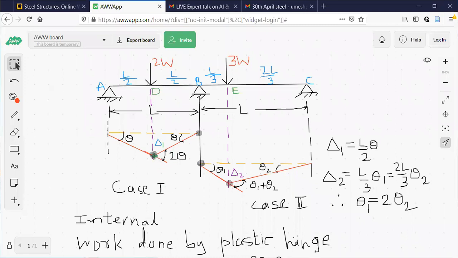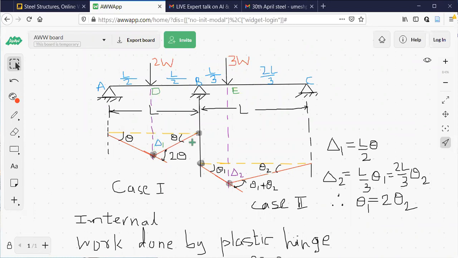Once a plastic hinge is formed at D, okay, the next bending moment is at B, because it is a continuous beam. There will be a hogging moment at B. So whether it is hogging or sagging, the moment is critical. If moment is there, for example, under point D the moment is maximum, so the first hinge has formed.